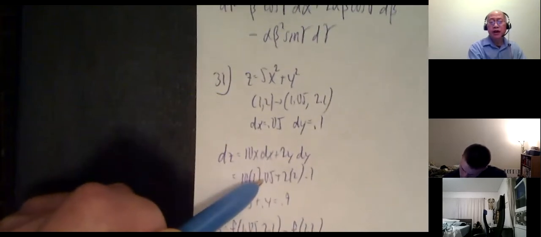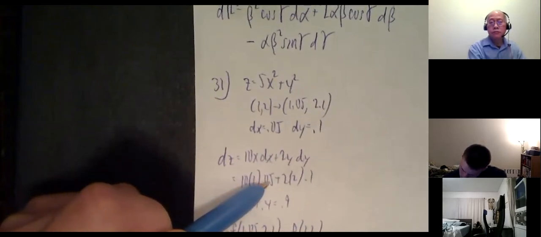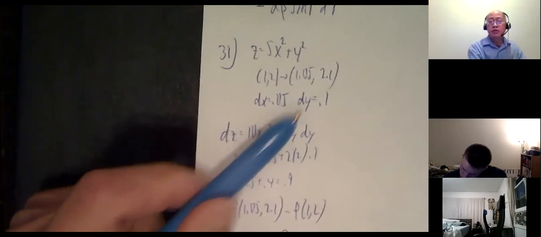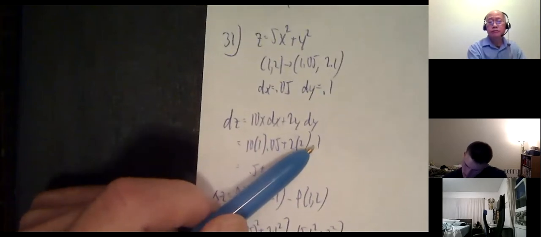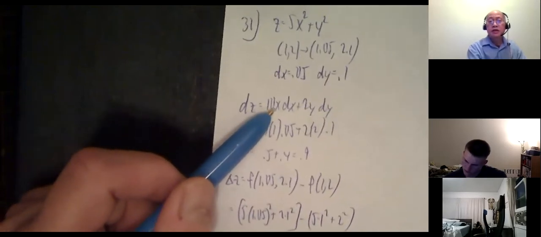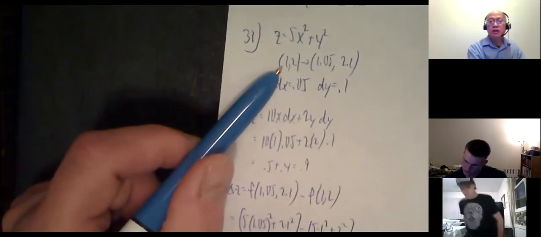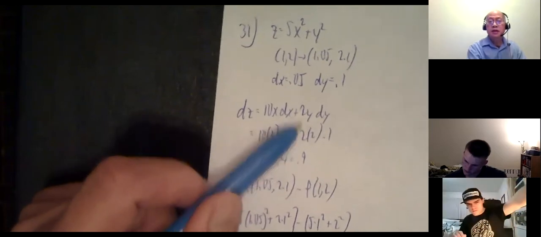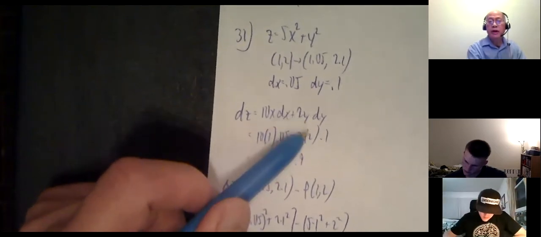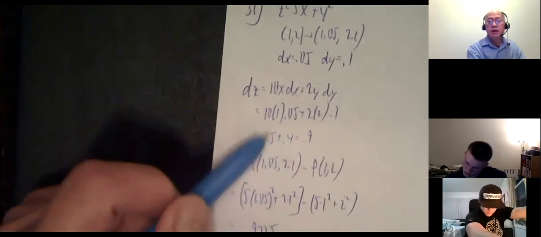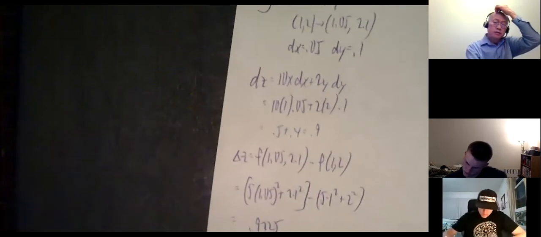That means dx is 0.05. I went from 2 to 2.1. That's a dy of 0.1. Throw everything in. So it's 10 times x is 1, dx is 0.05, plus 2, the y coordinate was 2, dy is 0.1. Grind it out, 0.9.